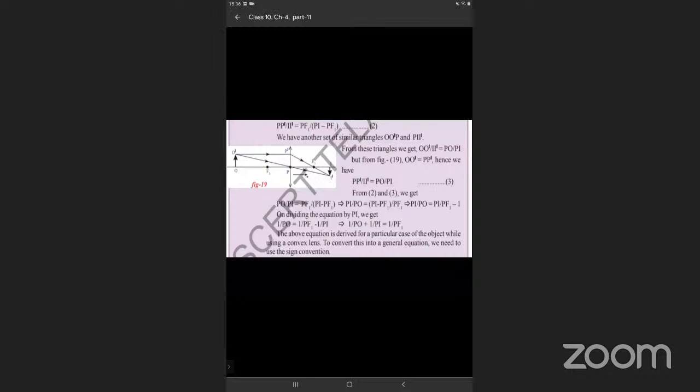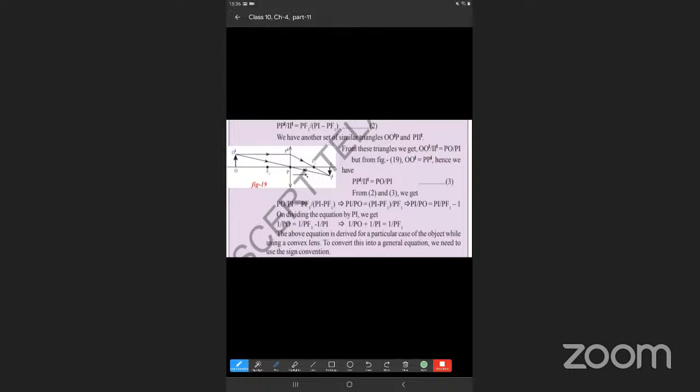Observe equation 2 and equation 3. Equation 2 is P'I' equals PF1 by PI minus PF1. Equation 3 is P'I' equals PO by PI.